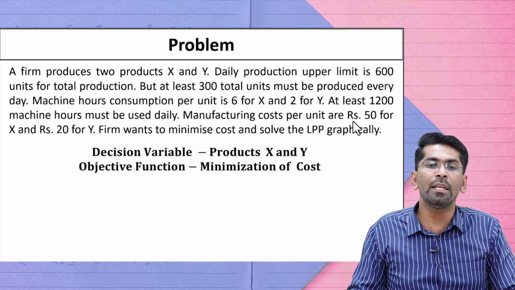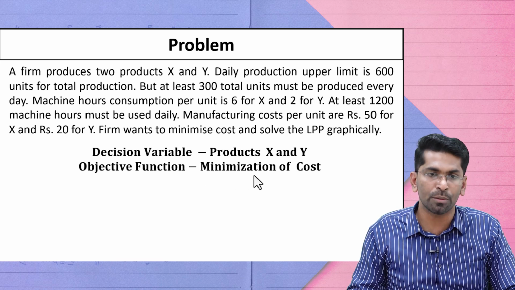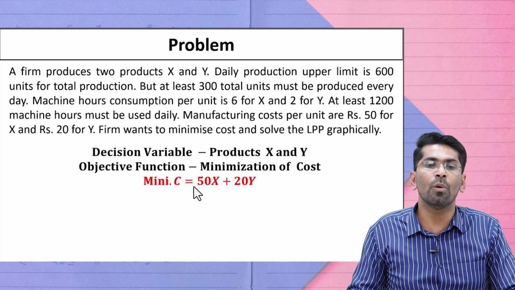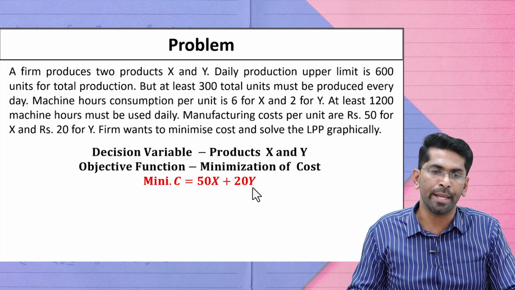The manufacturing cost per unit is rupees 50 for commodity X and 20 for commodity Y. Using this information, we frame the objective function, that is minimization of cost, C equal to 50x plus 20y. So I am writing here our objective function as 50x plus 20y.